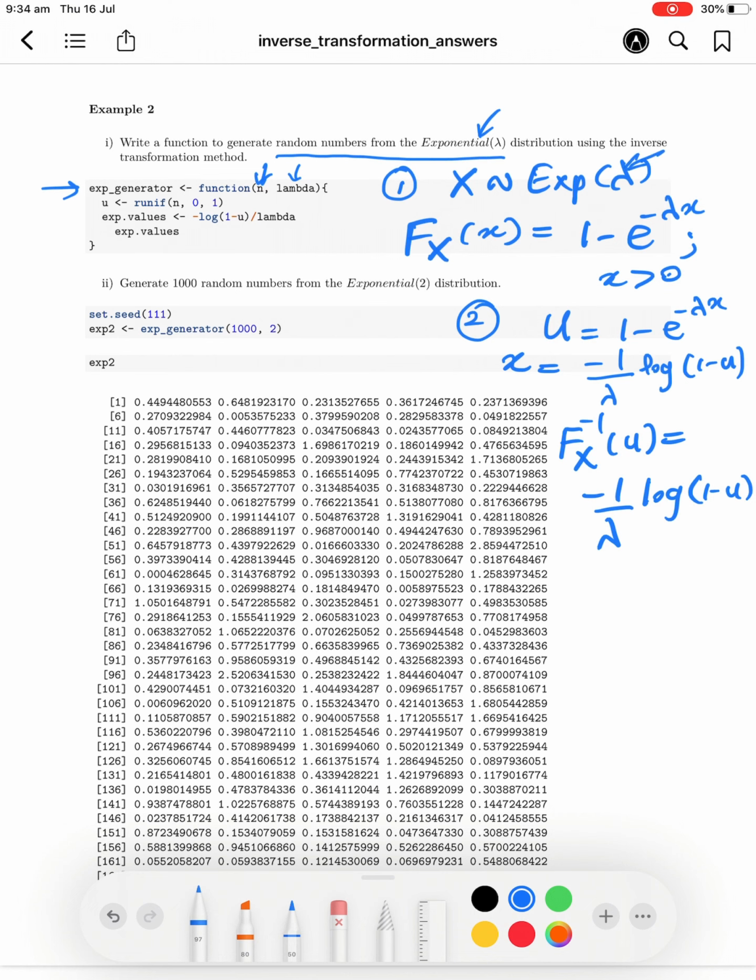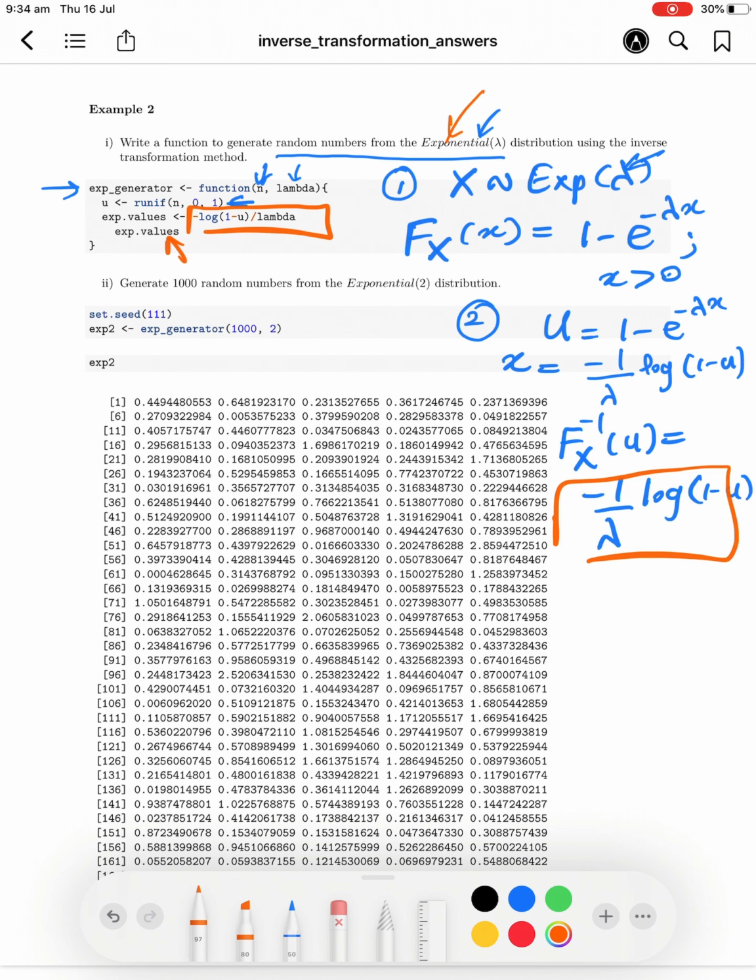The user can pass a value for lambda. First, generate random numbers from the uniform distribution, and then substitute into the formula here. So now we are getting random numbers from the exponential distribution with parameter lambda.